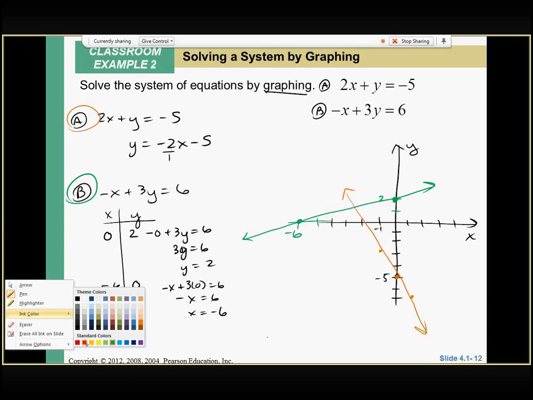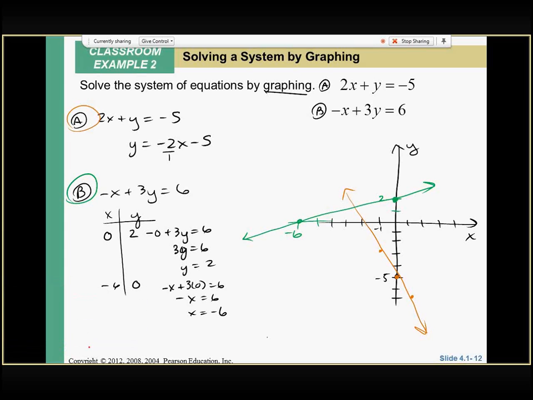Now this is supposed to be at, will you believe me? Oh, please believe me. This one's actually supposed to be intersecting at, and I graphed it a little bit off, (-3, 1). So something happened here where my graph is not exact, and that's what's going to happen. So that's -3 and this is 1.